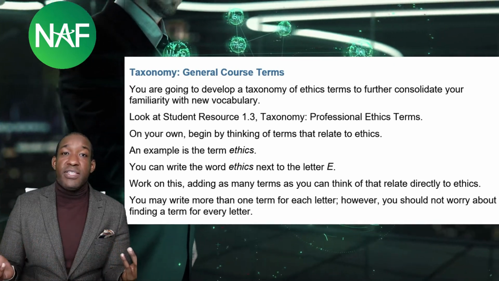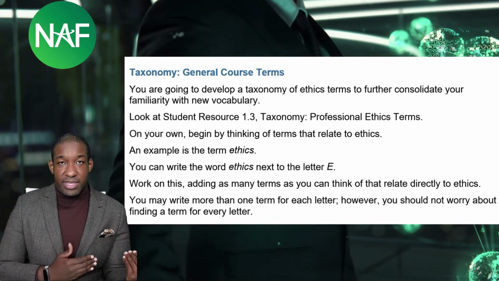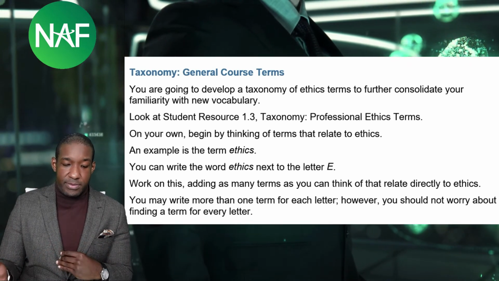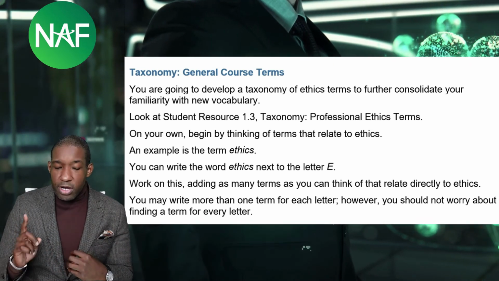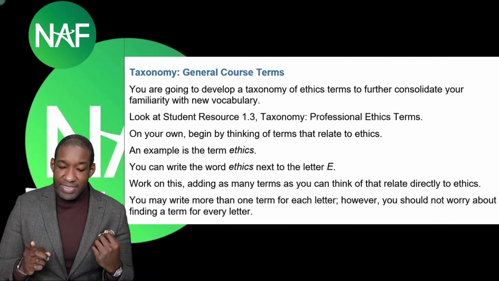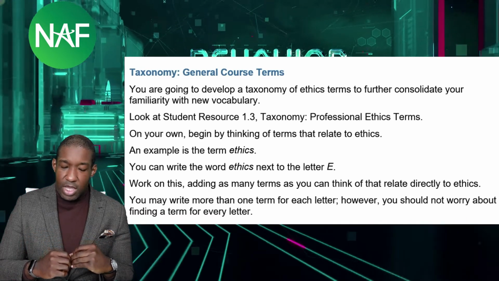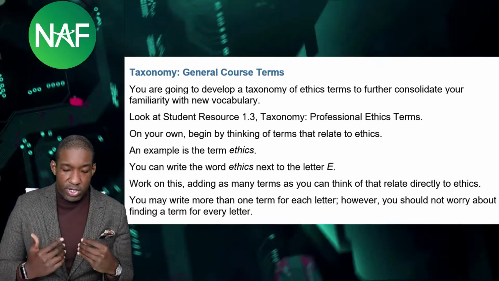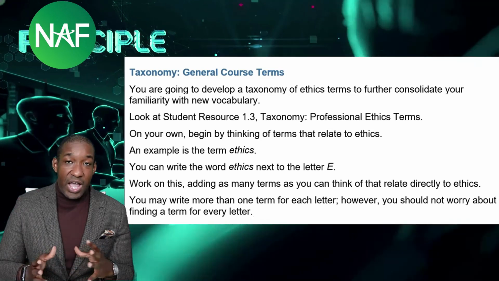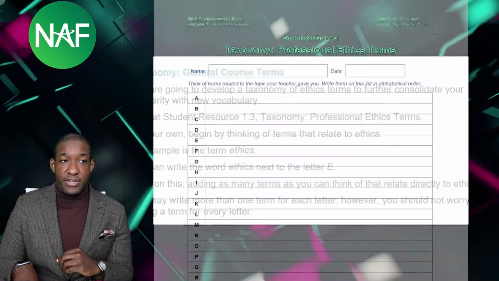An example is the term ethics. You can write the word ethics next to the letter E. Work on this, adding as many terms as you can think of that relate directly to ethics. You may write more than one term for each letter. However, you should not worry about finding a term for each letter.